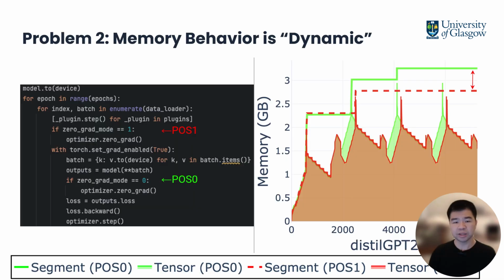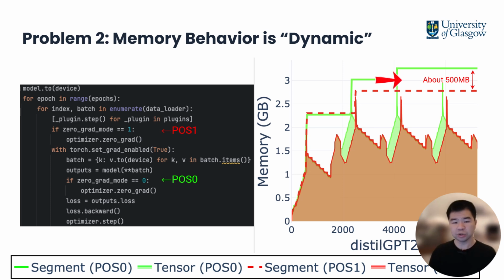The second problem is that memory behavior is dynamic, making static analysis unreliable. We conducted a simple experiment by moving one line of code from position 0 to position 1 and kept all other configurations the same. Look at the diagram on the right, the peak memory jumped by 500 megabytes from this tiny change.